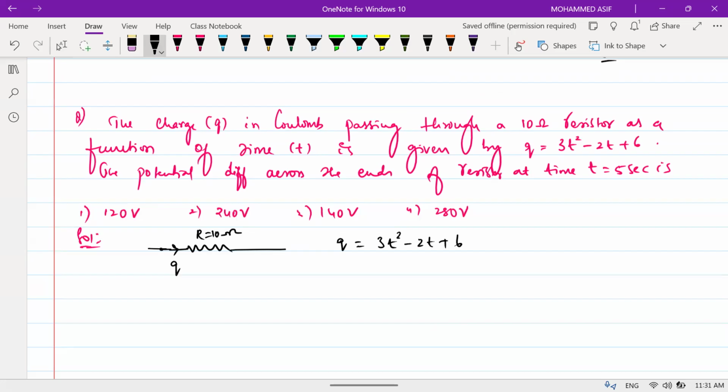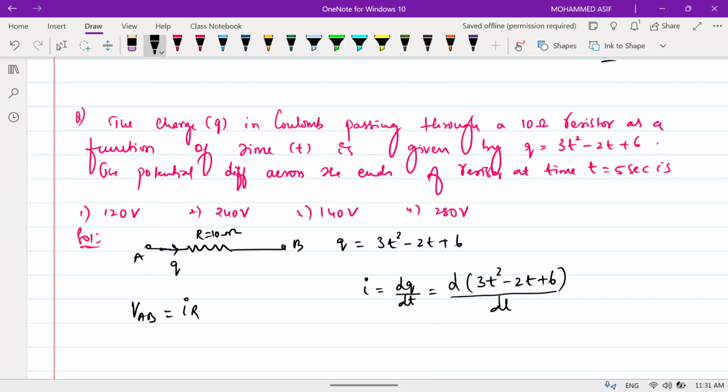This is, say for example, A and this is, say for example, B. Potential difference across A and B will be equal to V equals I into R. So charge is given. How do you calculate I as a function of time? I is equal to dq divided by dt. That is d of 3t square minus 2t plus 6 divided by dt.